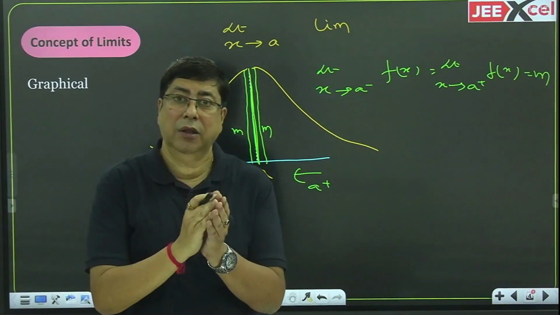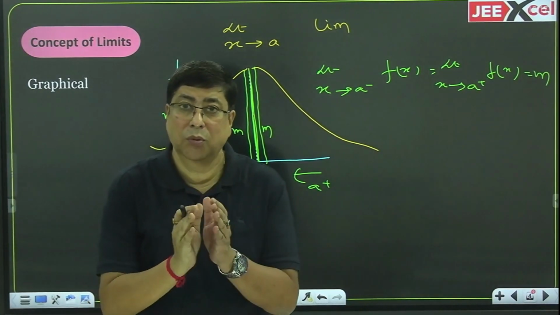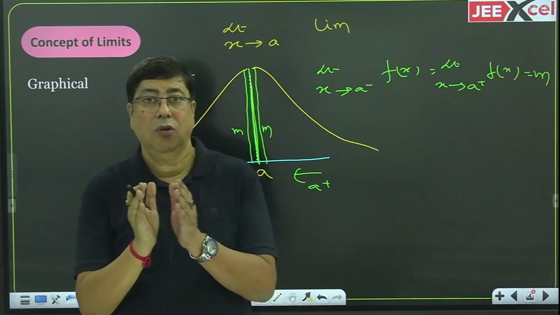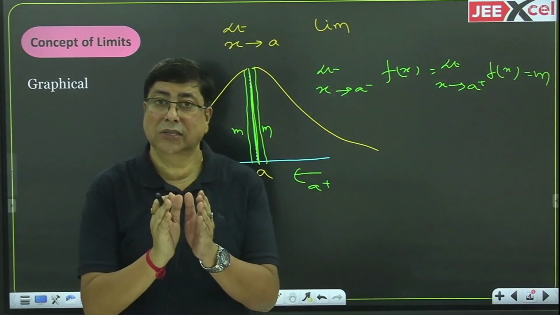When left-hand limit equals right-hand limit, meaning the left-hand value and right-hand value are equal, then we can say the limit exists.